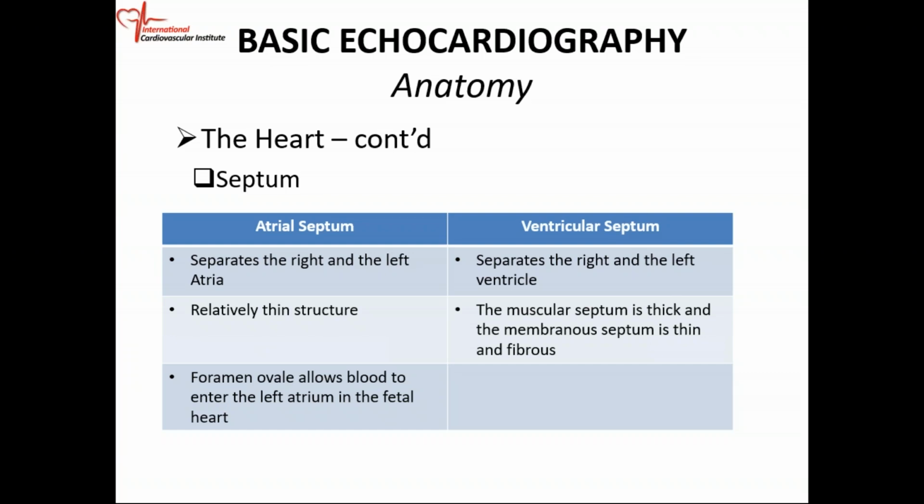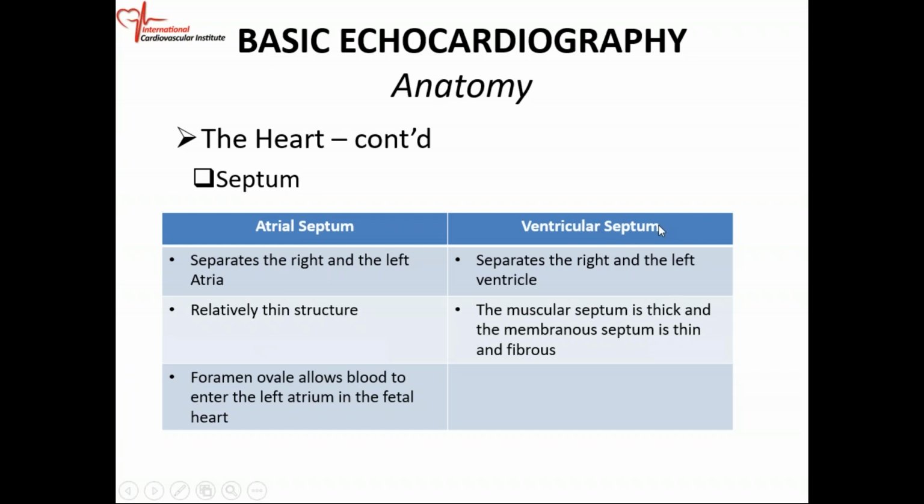Remember that the fetus is not breathing, so the fetus is going to get oxygenated blood from the maternal placenta. Okay, so oxygenated blood is going to travel from the right atrium to the left atrium via the foramen ovale. This closes when the baby is born. All right, so that's the atrial septum, which separates the right atrium from the left atrium.